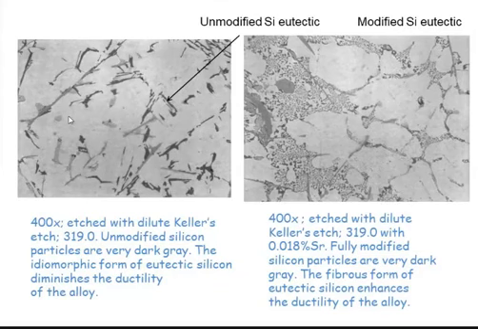So it needs to be modified by the addition of boron, sodium or strontium. These are some modifying elements. You can add them, and the silicon becomes globular, and automatically the ductility of the aluminum silicon alloy improves. So aluminum silicon alloy needs to be modified. If you use aluminum silicon alloy without modification, chances are it may lose ductility.